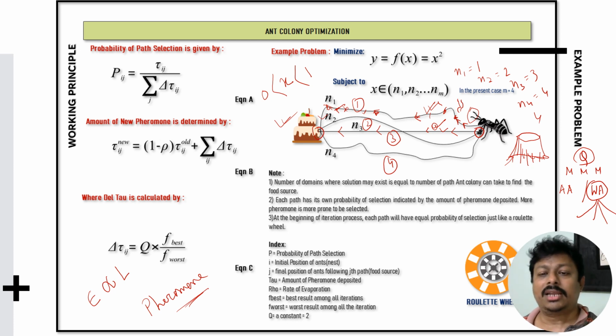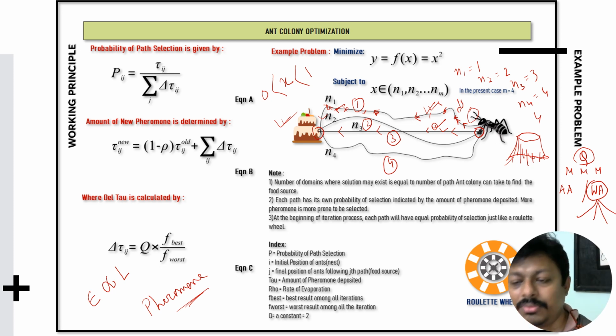Ultimately the pheromone gets constantly deposited at a rate which is more than the rate of evaporation. So that path is discovered by the colony, and the colony comes and takes the entire food away. So that is the optimal path.